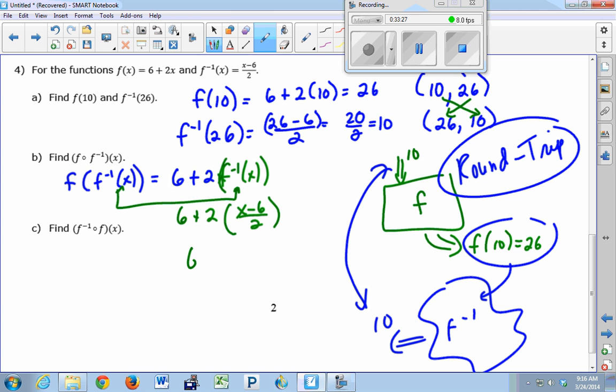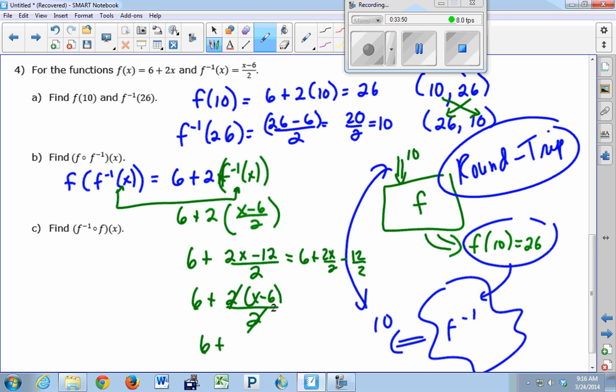We get 6 plus 2 times x minus 6 all over 2, and the 2's cancel. However you want to do it, if you wrote it the other way, it would be 6 plus 2x over 2 minus 12 over 2. Either way, you're going to get 6 plus x minus 6. Your 6's cancel, and you're right back to x.